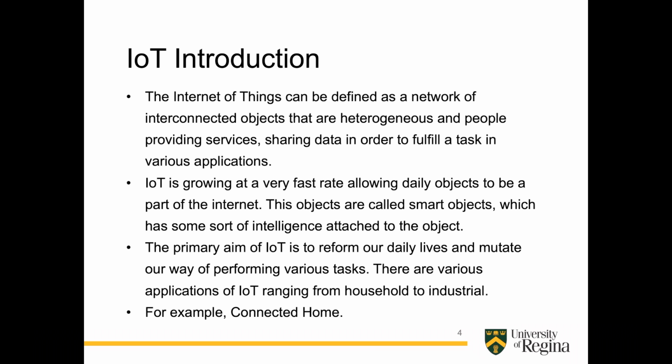There are various applications of IoT ranging from household to industrial. One great example is the connected home, where you can control the HVAC systems, kitchen appliances, doors, and windows by using a smart device like Google Home or Alexa, or straight from your phone.